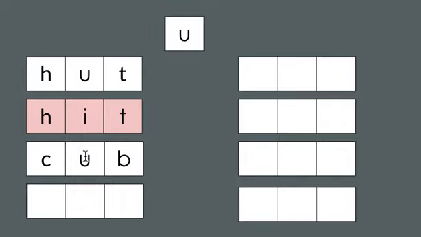Let's do another one together. The word is run. What's the word? Run. Go ahead and stretch the sounds with me: r, u, n. Is there one vowel followed by one or more consonants? Yep. And what is that vowel sound? How do we spell the u sound? U. Let's go ahead and write the sounds we hear.